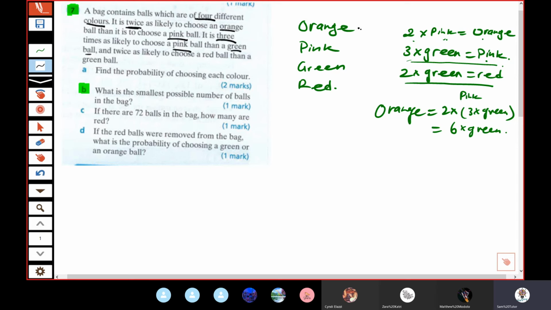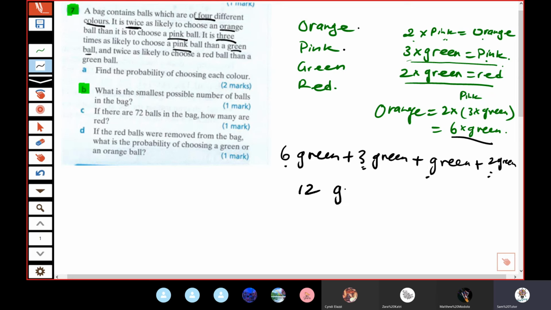So what we've got is orange, which you now know is 6 green, plus pink, which we know is 3 green, plus green, which we know is just green, plus red, which we know is 2 greens. And then 6, 7, 8, 9, 10, 11, 12.